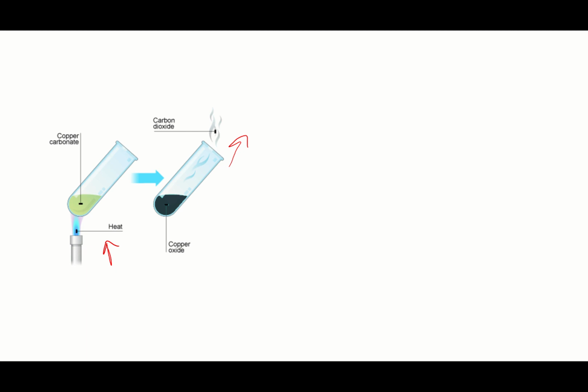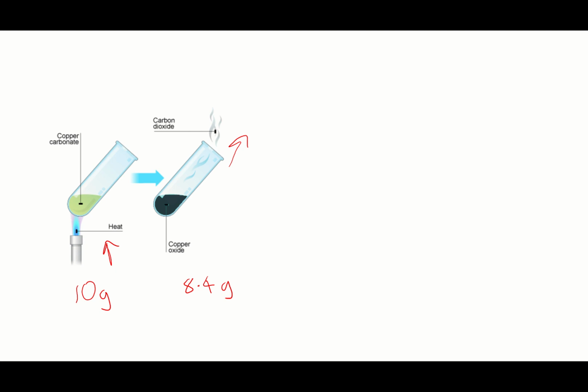So let's say, for example, we had 10 grams of copper carbonate. After the reaction has occurred, the decomposition has occurred, it may well be that it's 8.4 grams of copper oxide formed.